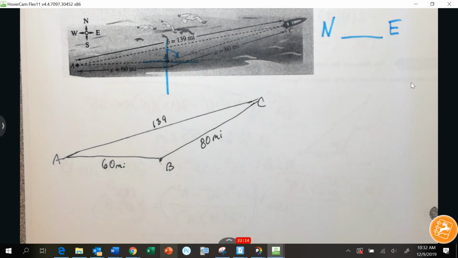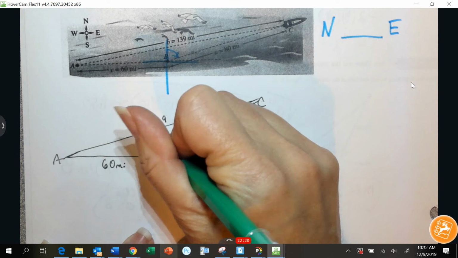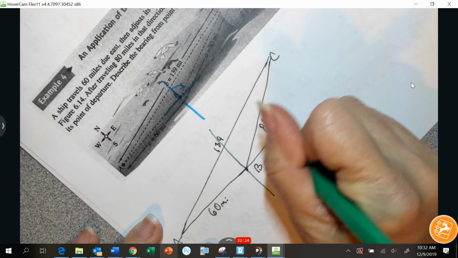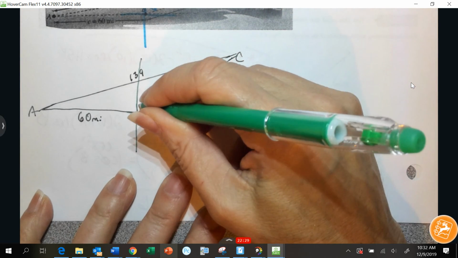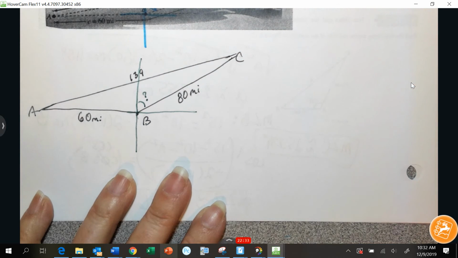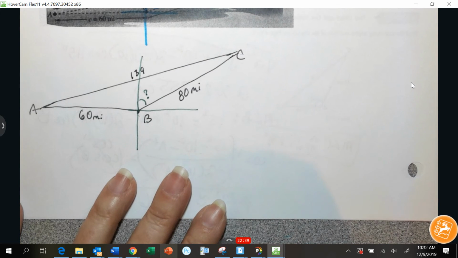Okay, does anybody have an idea? Oops, I didn't draw this part. Do we have an idea of where we could maybe start? No? Anybody else besides the one no? Okay, we know all three sides.